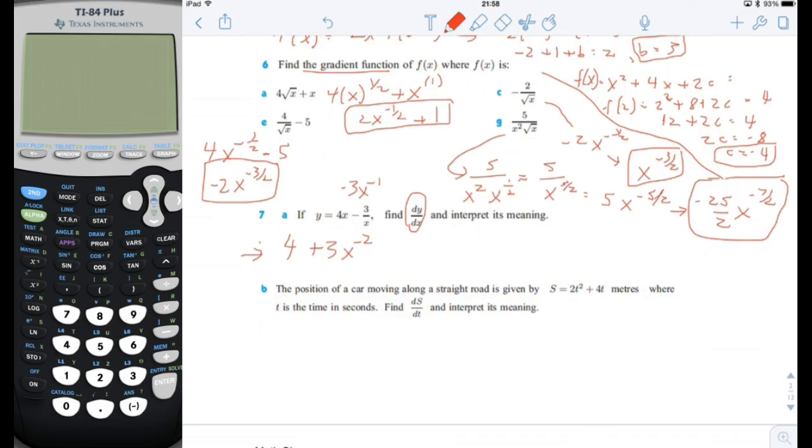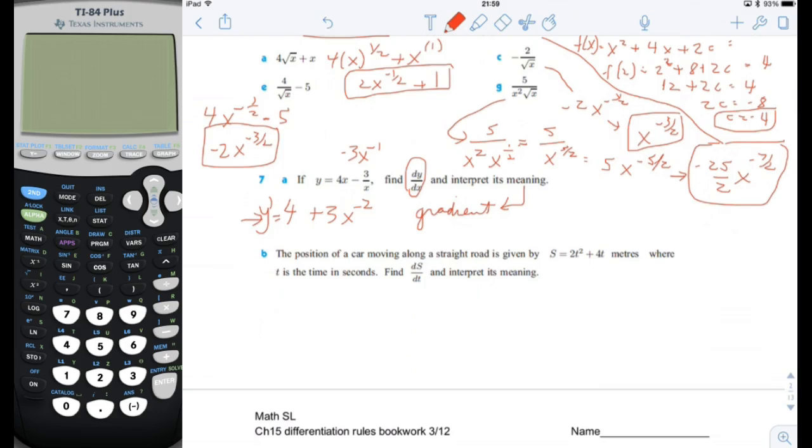So y dashed equals 4 plus 3x to the negative 2. And the interpretation of its meaning: it's the gradient of the function. A derivative is a gradient of a function, or you could say it's the rate of change of y with respect to x.